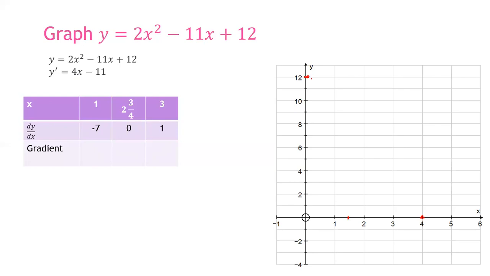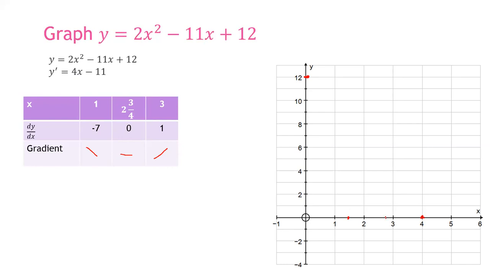This one, and then next the gradient will become decreasing, and this one the stationary point, and this one increasing because positive. So it means before the stationary point 11 over 4, around here.